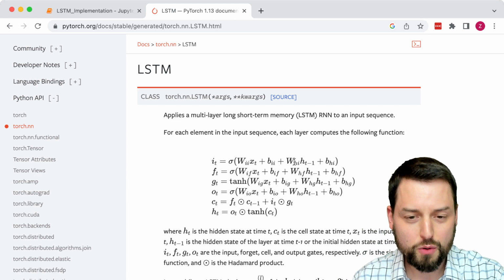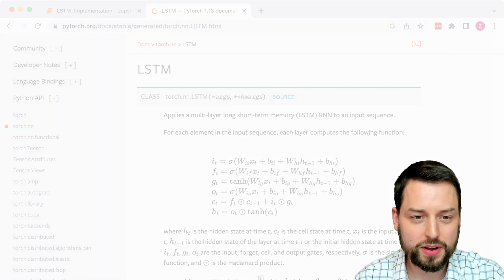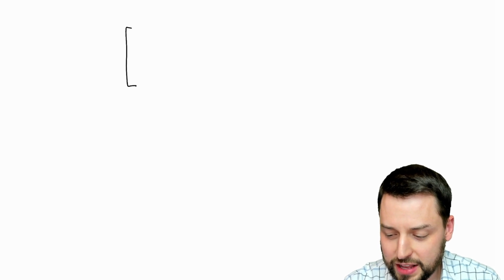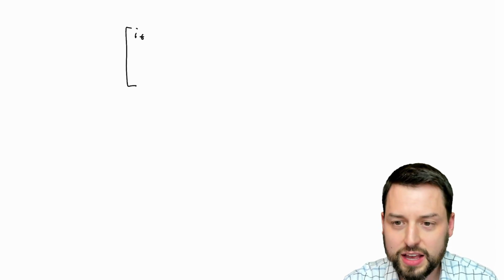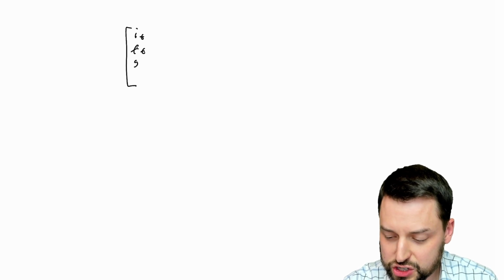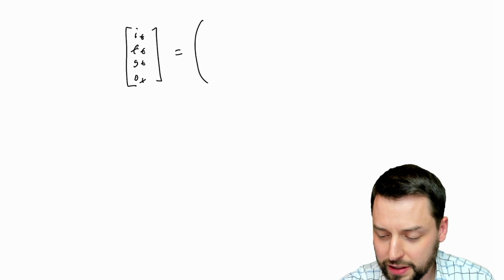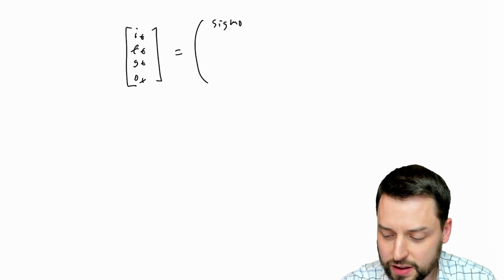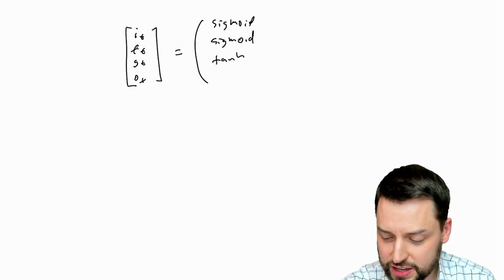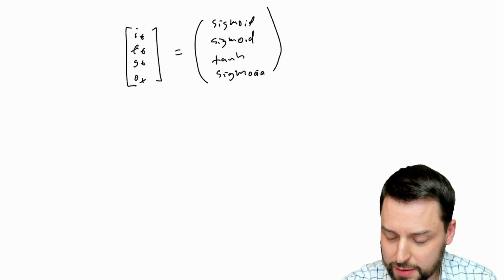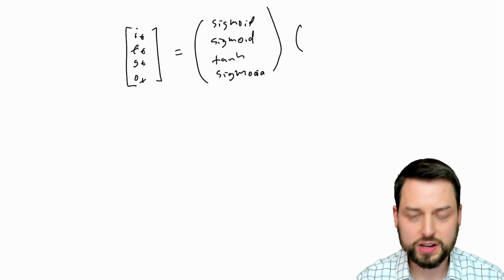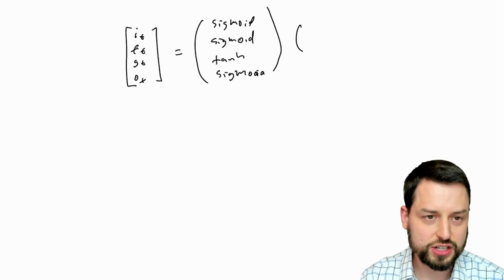We remember from last time that what we really have is an intermediate hidden vector we form, i_t, f_t, g_t, and o_t. And this whole thing is some nonlinearity, which happens to be sigmoid, tanh, and sigmoid, times one big matrix that multiplies all these collections of hidden units.